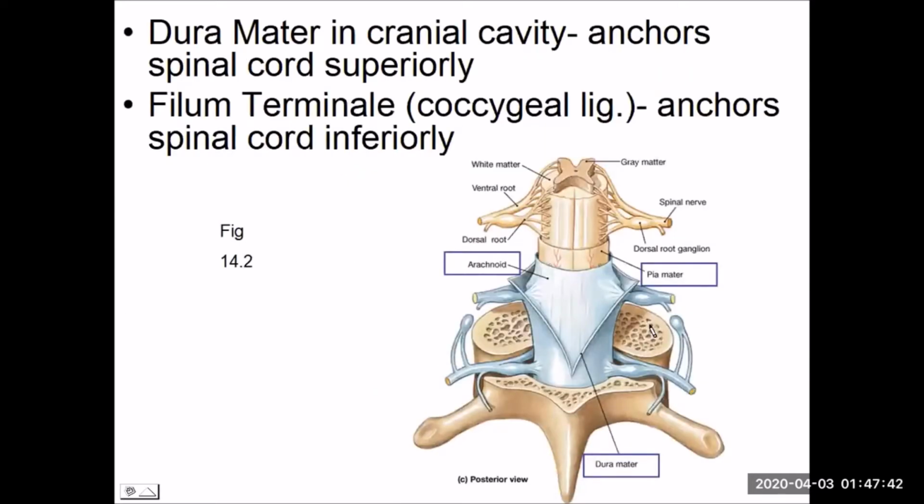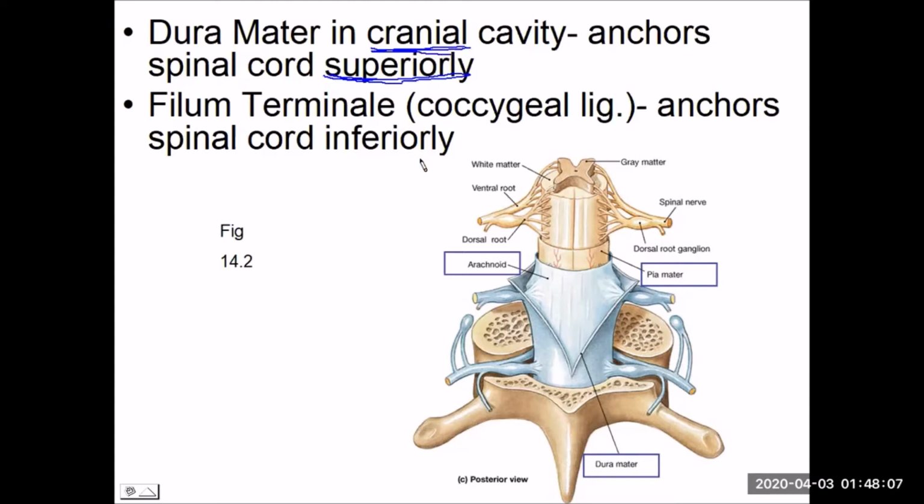So just putting that together, again, the similar meningeal layers of the brain protect and surround the spinal cord as well. And in fact, these tissues of the spinal meninges on the superior side connect all the way up with the same meninges from the area of the brain.